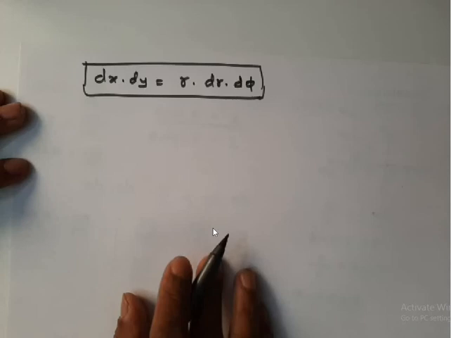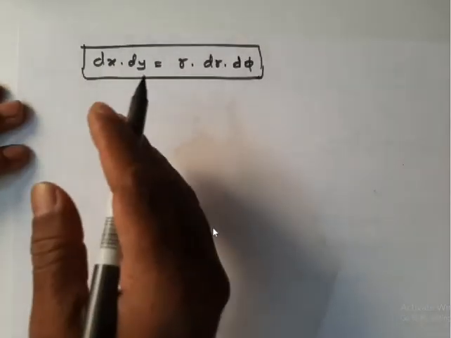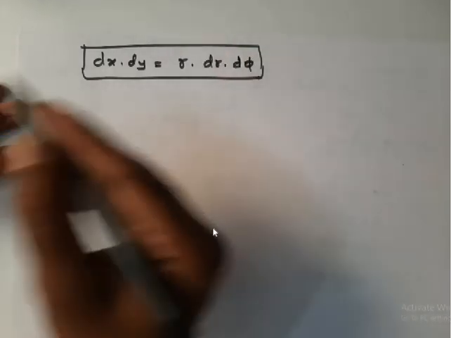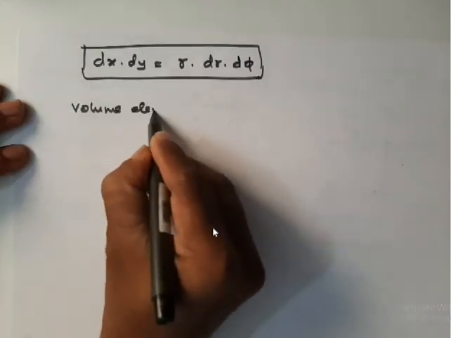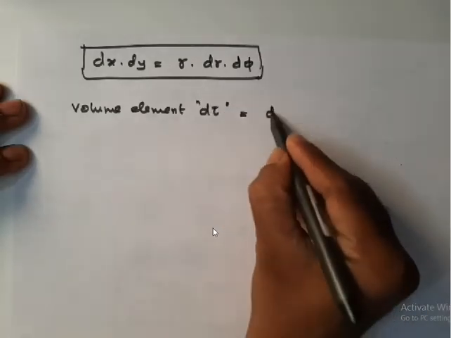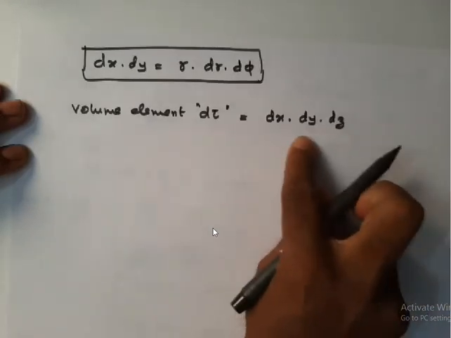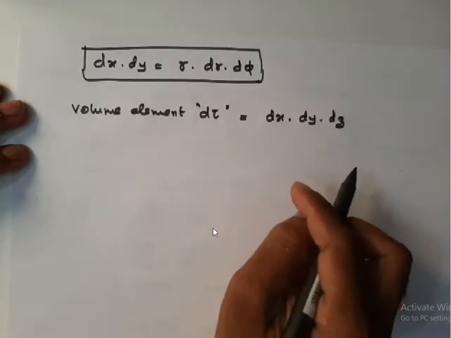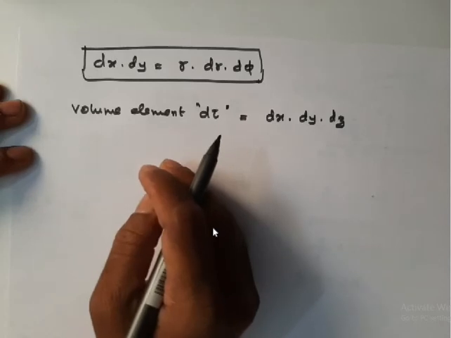In a similar manner, for a particle in 3D space, we'll calculate the volume element. The volume element d tau in three-dimensional space, in Cartesian coordinates, is dx into dy into dz. Now the question is how to find the volume element in spherical polar coordinates.